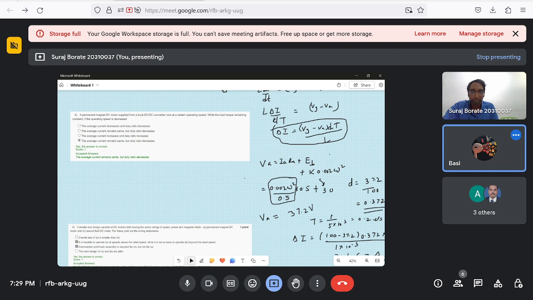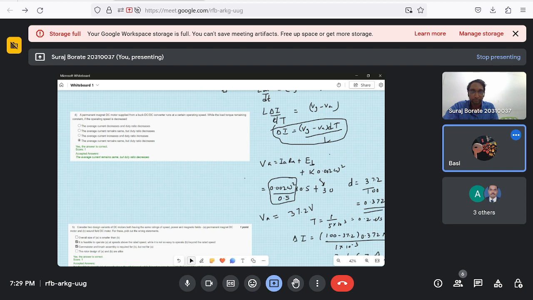But if the speed is reduced, then what happens? If the speed is reduced, the back EMF is affected, right?